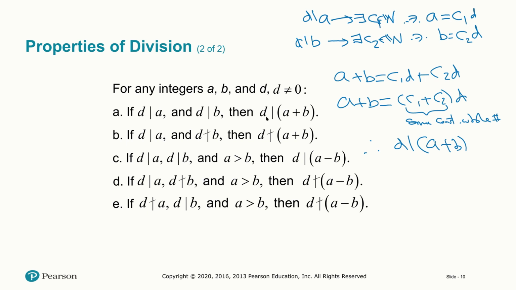Just because a number divides a sum, that would not imply that it divides either one. I want you to think for a minute if you can come up with an example of where this could be true, that a number divides a sum, but it doesn't divide the individual numbers. Think for a minute and come back.